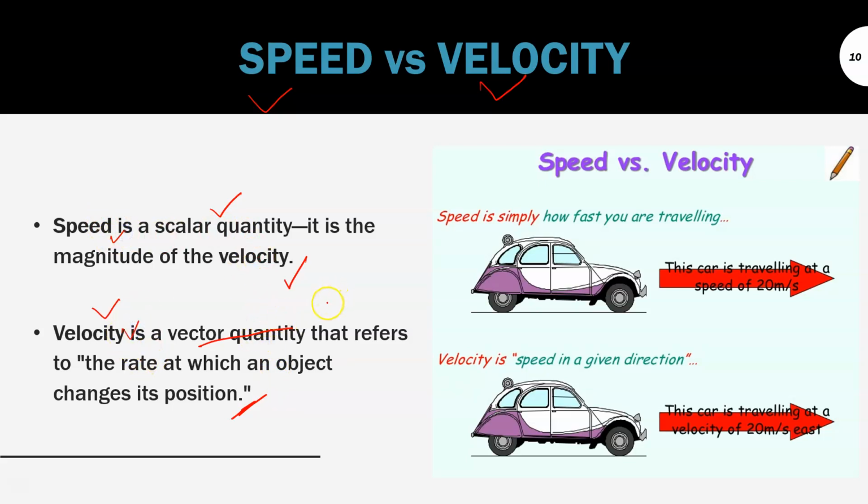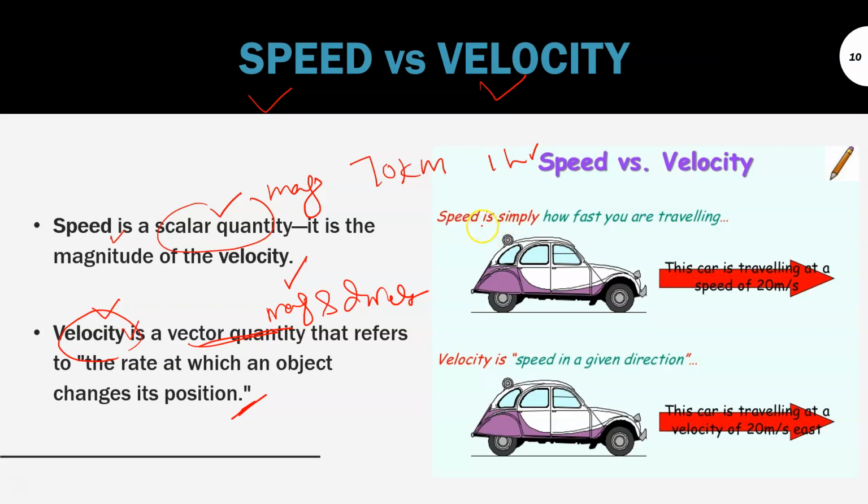But in physics, speed is a scalar quantity having only magnitude, while velocity is a vector quantity having both magnitude and direction. So why is velocity a vector? Imagine if you want to get to a town 70 kilometers away in an hour.